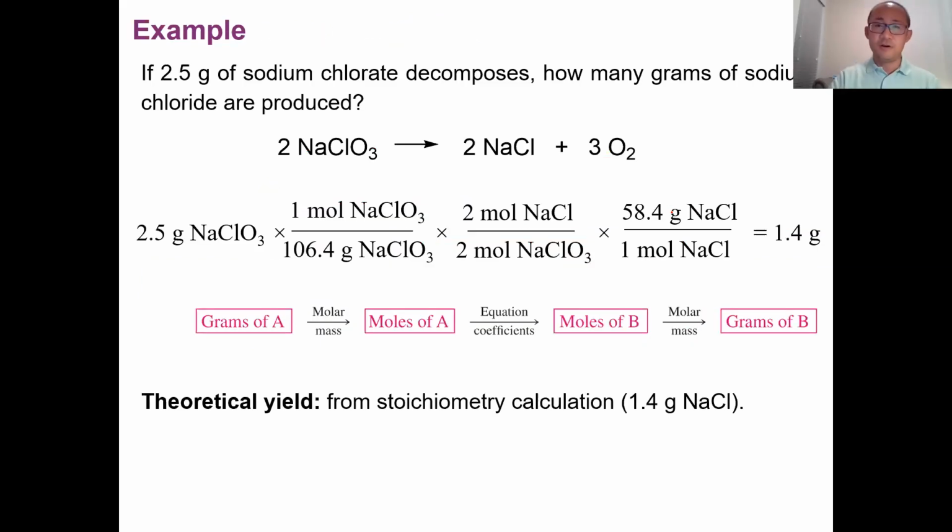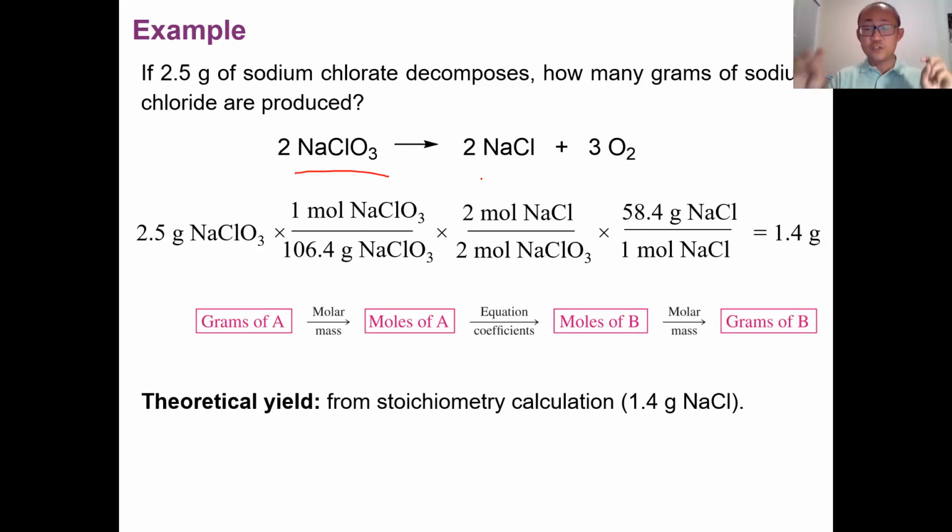Here, let's take a real example. 2.5 grams of sodium chlorate, this is its formula, decomposes, and the products are sodium chloride and oxygen gas. This is a lab we can actually do.